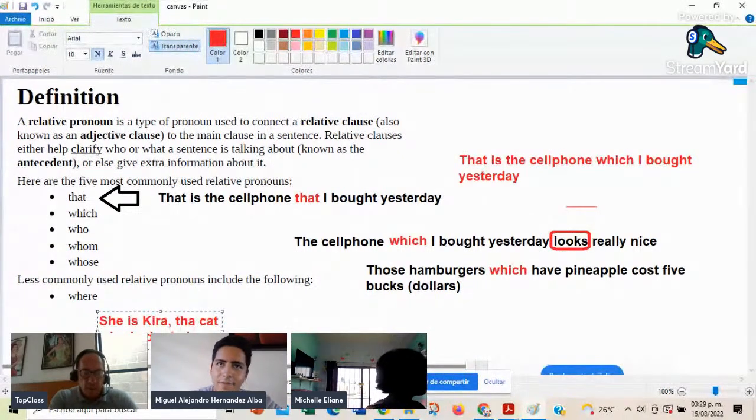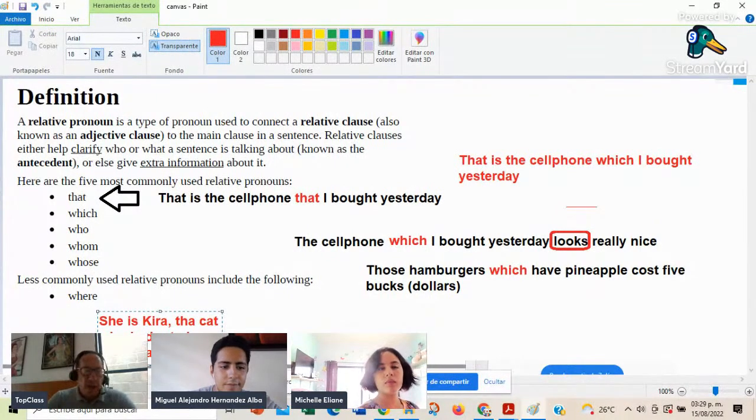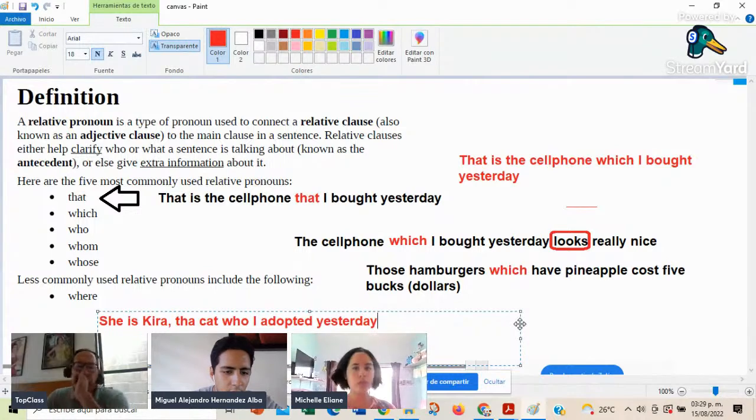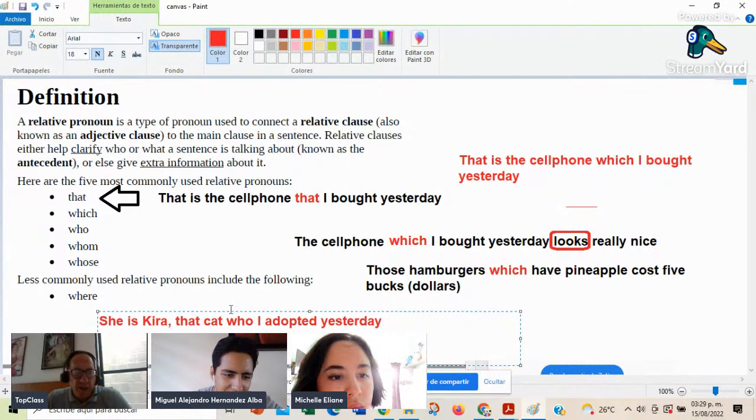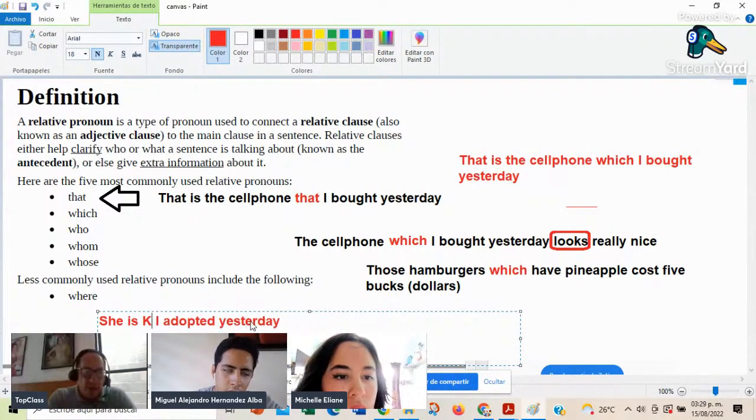Perfect. She's Kira, the cat. Well, but who is for people. Yeah, for people. Only that. It was like, she's my friend, the girl who I talked with you yesterday.